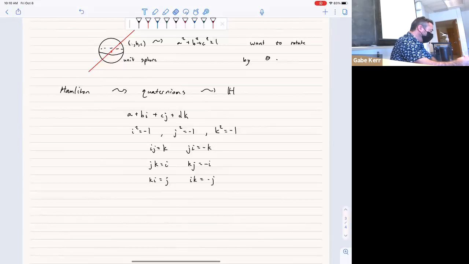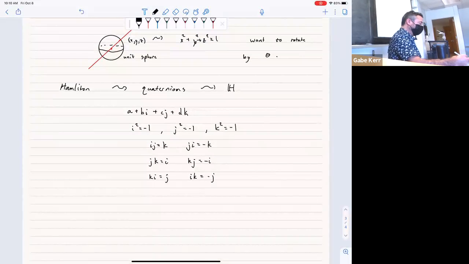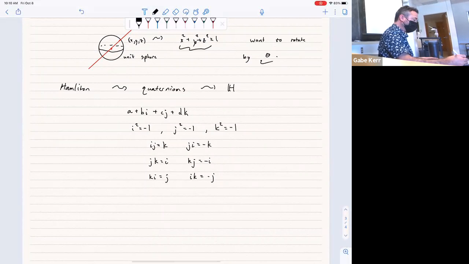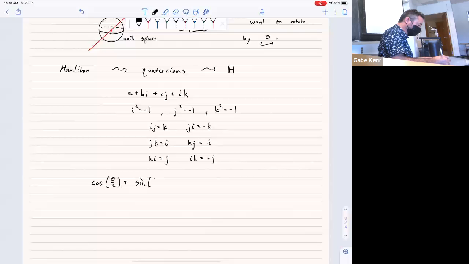A different A, B, and C. That can correct, because sorry guys, it's called X, Y, Z. What I can do in this thing, my theta, is I can write down a single quaternion: cosine of theta over 2, plus sine of theta over 2, times quantity xi plus yj plus zk.